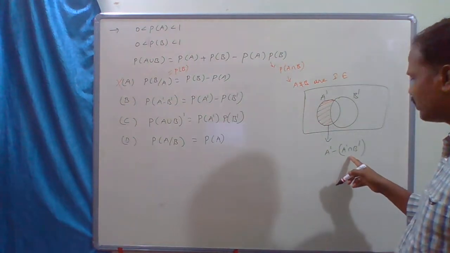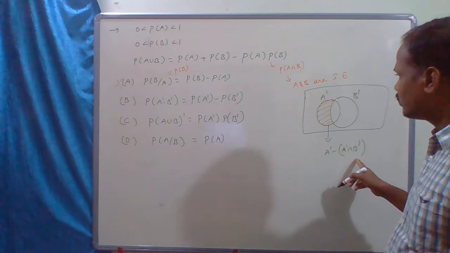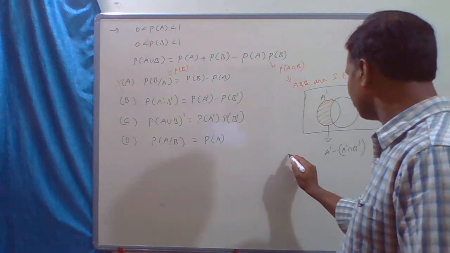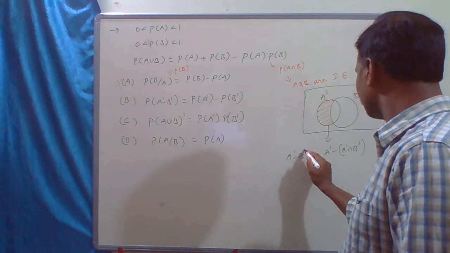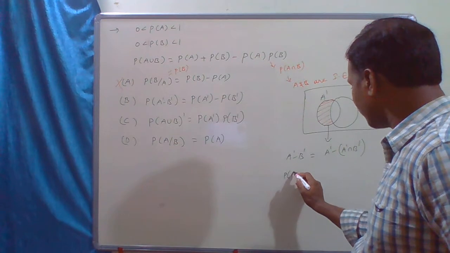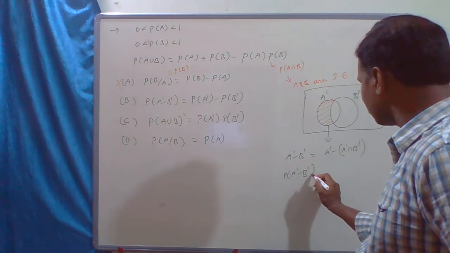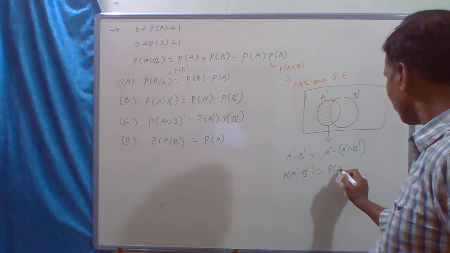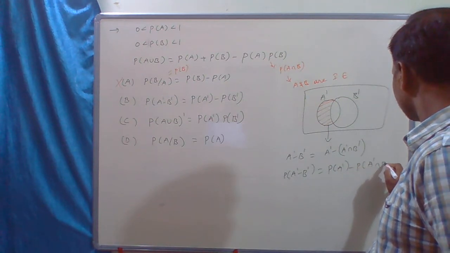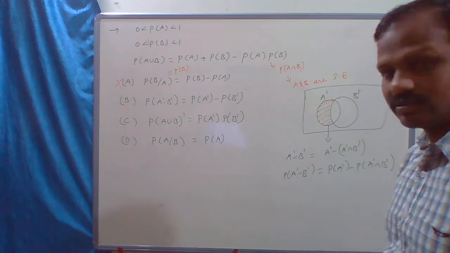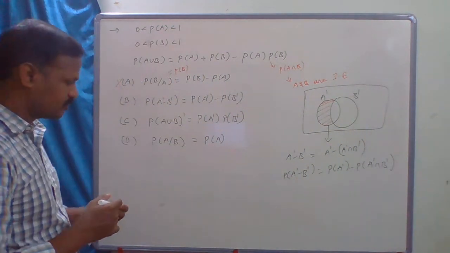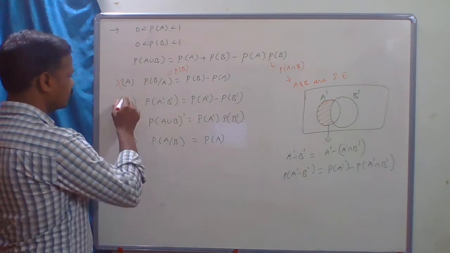So probability of A dash minus B dash equals probability of A dash minus probability of A dash intersection B dash. But here probability of A dash minus B dash is given differently, so this statement is also wrong.